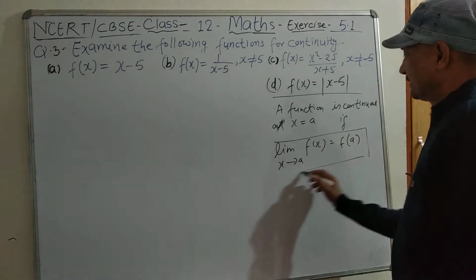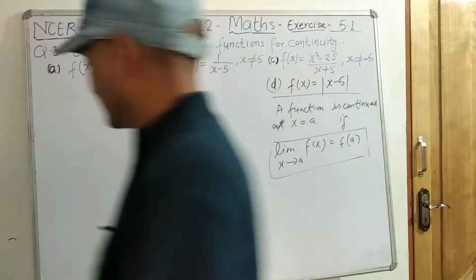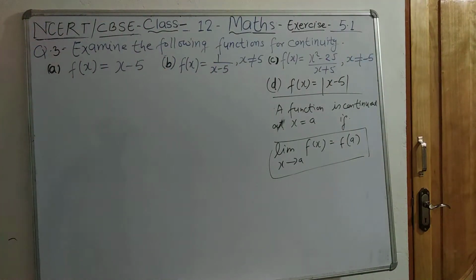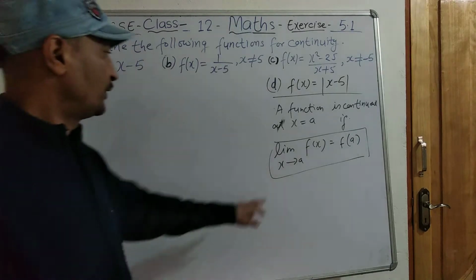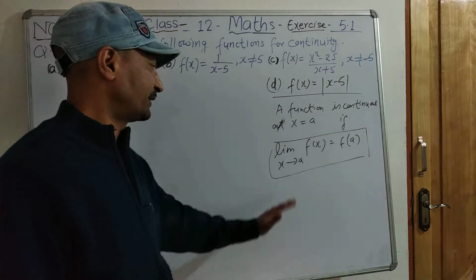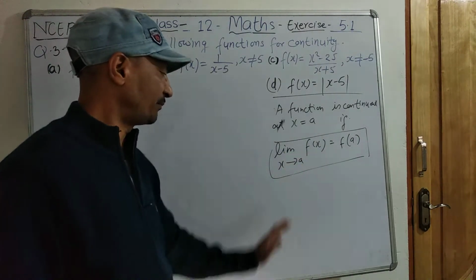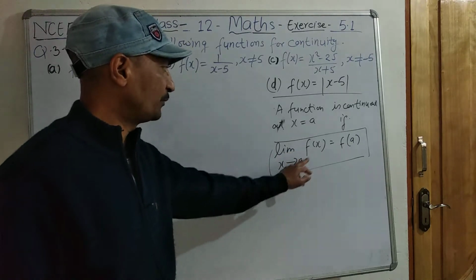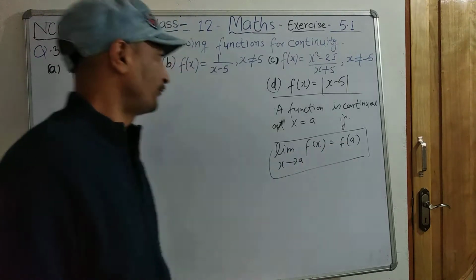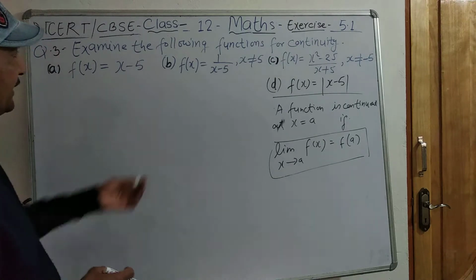So it is very important. Almost 90% of questions will be solved by that. In some cases, we will take left hand limit and right hand limit. The main thing is limit x tends to a, f(x) is equal to f(a). If both are equal, we can say it is continuous.